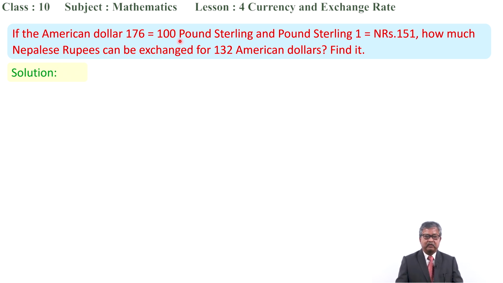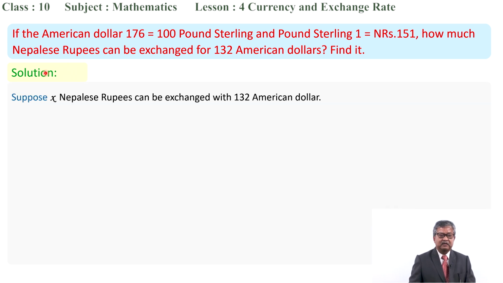Then according to this relation, we are going to exchange 132 American dollars into Nepalese rupees. So by the chain rule, Nepalese rupees is unknown, so it is denoted by a variable. We can say let X Nepalese rupees be exchanged with 132 American dollars.